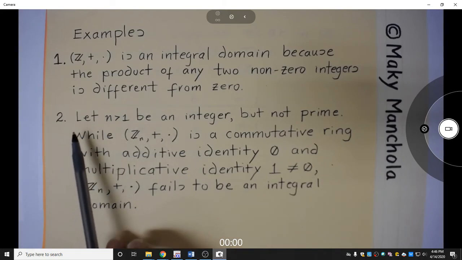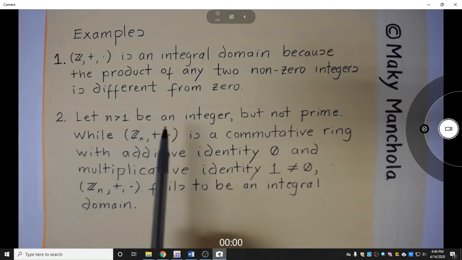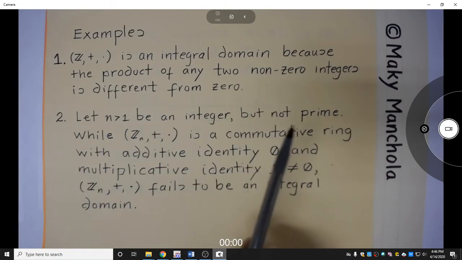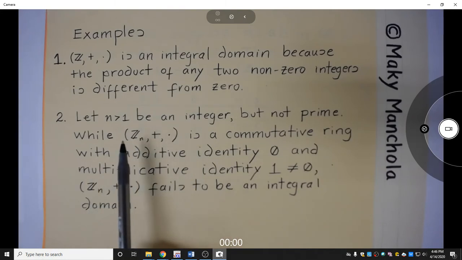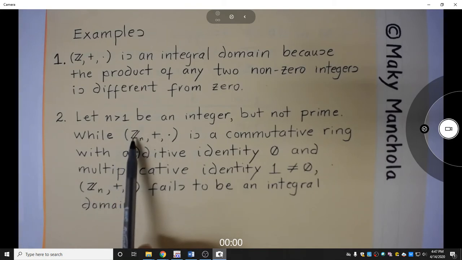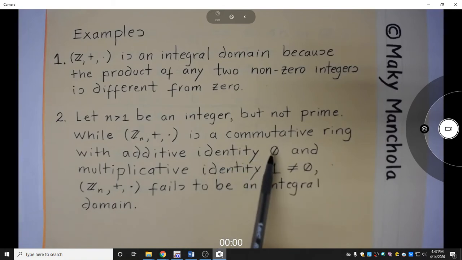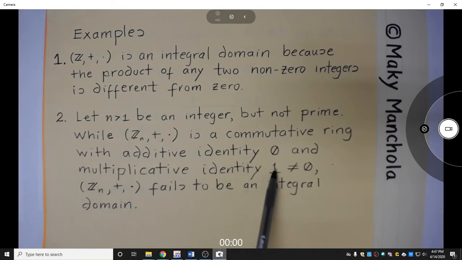Now, for number 2, let n be greater than 1. Let n greater than 1 be an integer, but not prime. Now, while it is true that the structure consisting of integers modulo n together with addition and multiplication modulo n is a commutative ring with additive identity 0 and multiplicative identity 1 different than 0, the structure fails to be an integral domain.